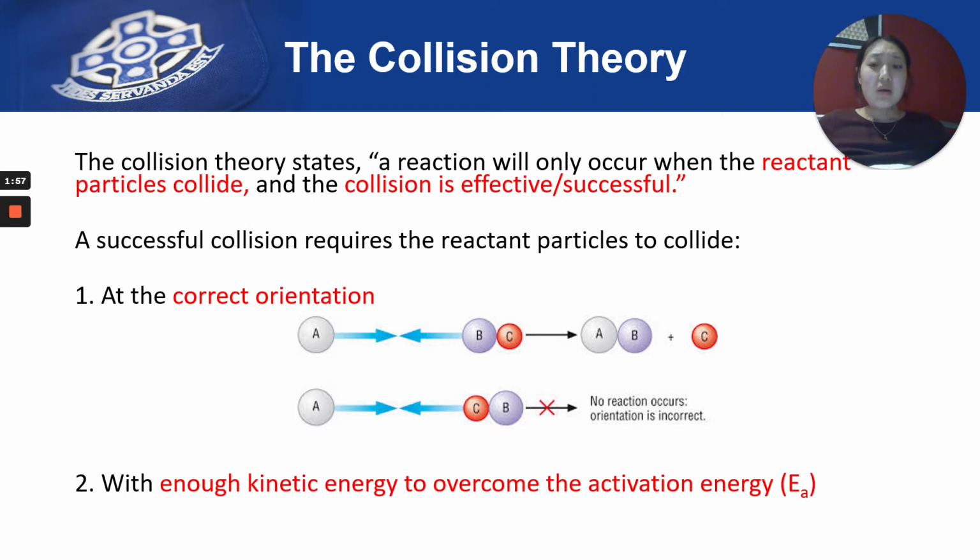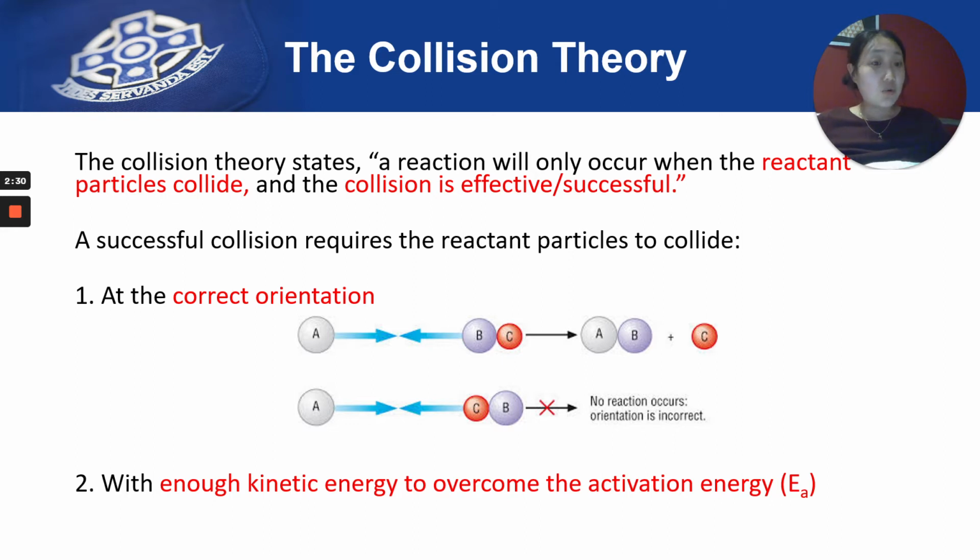Let's say when we were doing our neutralization reaction, we mixed sodium hydroxide and hydrochloric acid together, and that led to a neutralization reaction. For that reaction to have happened, the hydrochloric acid particles and the sodium hydroxide particles had to collide, and those collisions had to be successful.